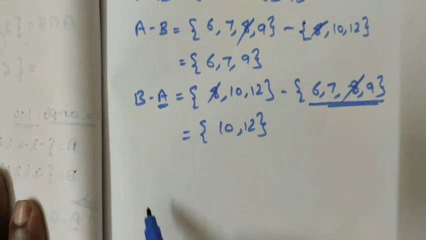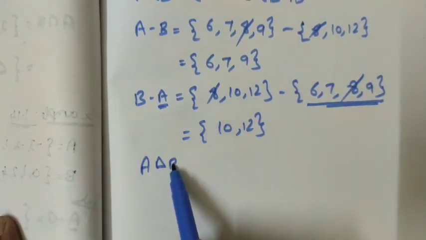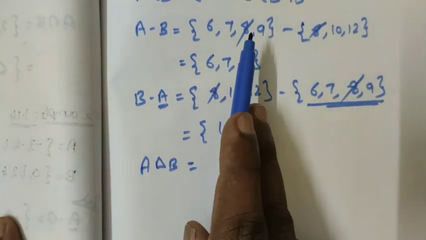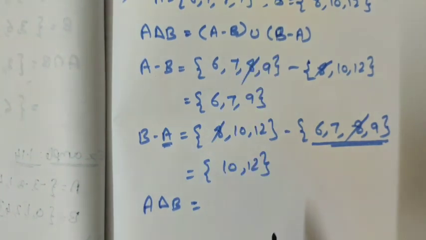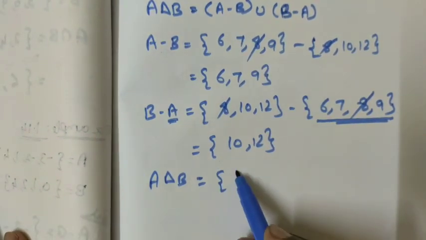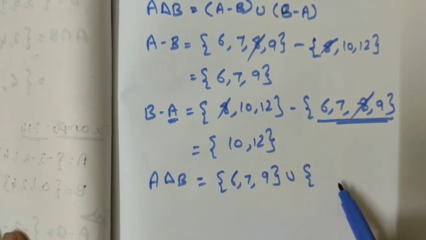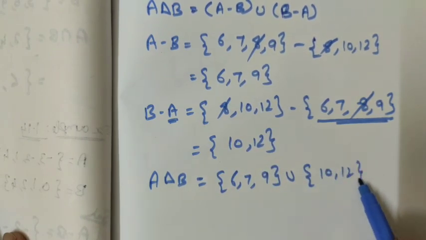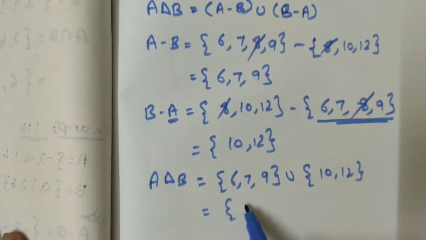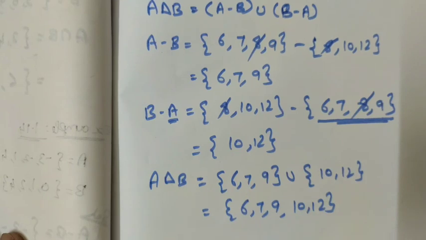Now the symmetric difference, A symmetric difference B, is equal to A minus B union B minus A. A minus B is the set 6, 7 and 9, union the set B minus A, which is 10, 12. So the symmetric difference is 6, 7, 9, 10, 12. Union means all together, right?